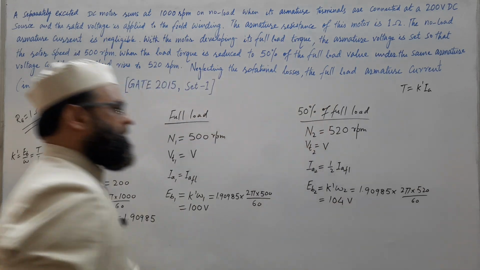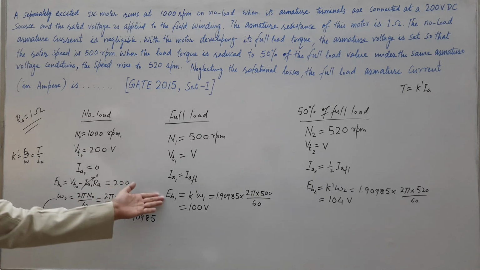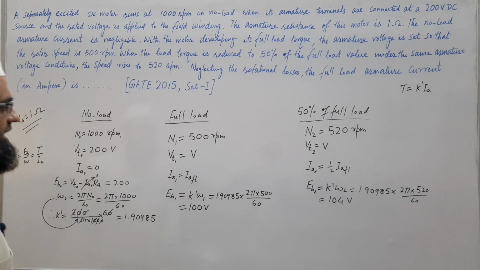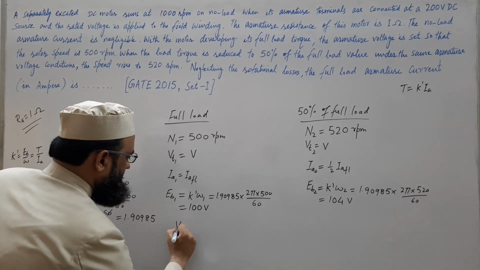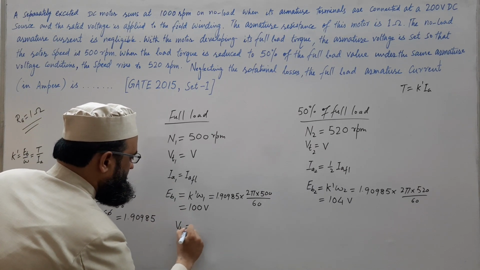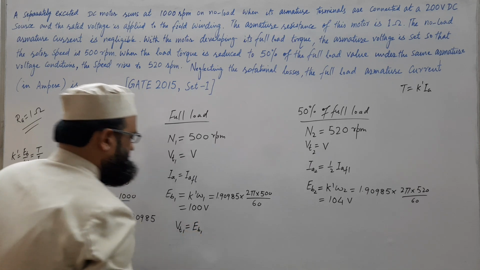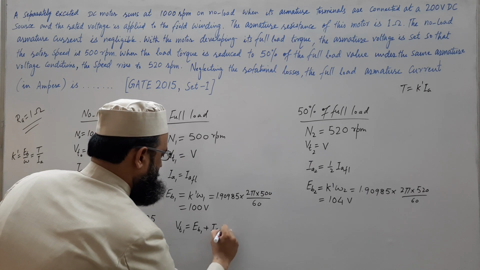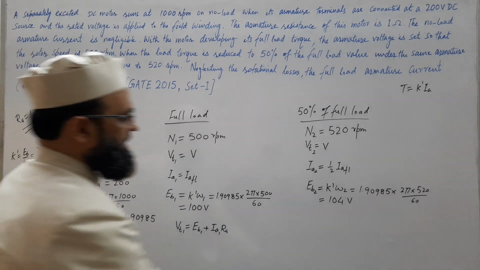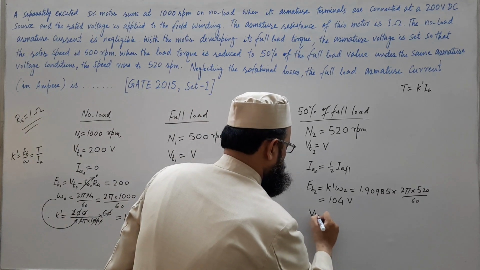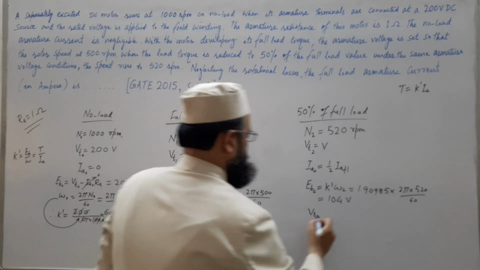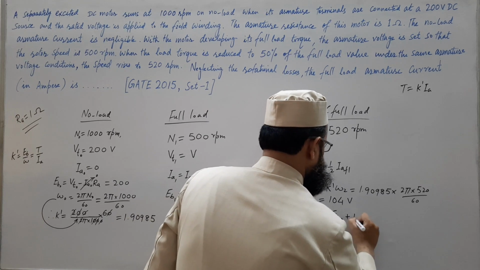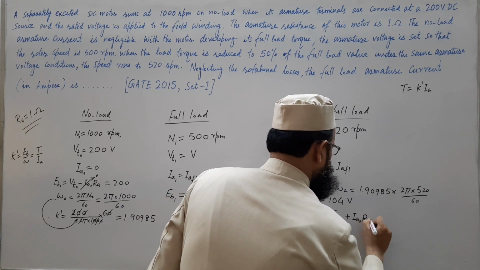Now we have EB1, and V is the same, so we can write the KVL equation. VT1 is equal to EB1 plus IA1 RA. Similarly here we may write VT2 is equal to EB2 plus IA2 RA.